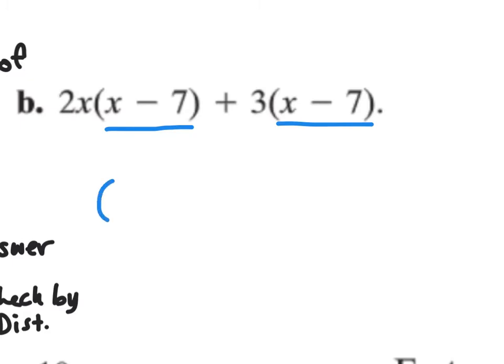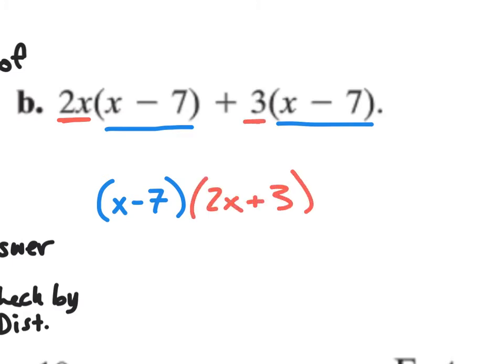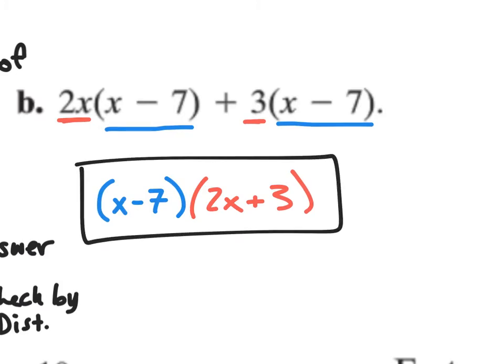So I take x minus 7 out, and what I'm left with is 2x plus 3. And that's that. This is my answer. Those can be a little tricky, and this is a good, useful step when you see something like this.